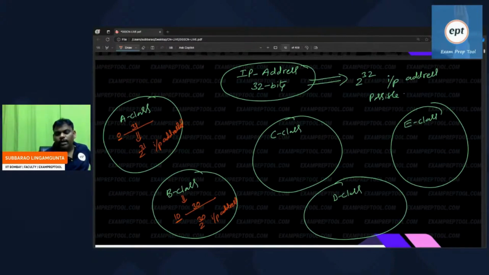The variable part will give the answer. Fixed part, I cannot get anything. In class C, starting with 110, remaining 29 bits are the variable part. Everywhere two choices, 2 power 29 IP addresses possible.